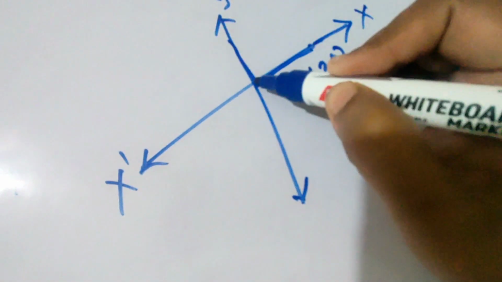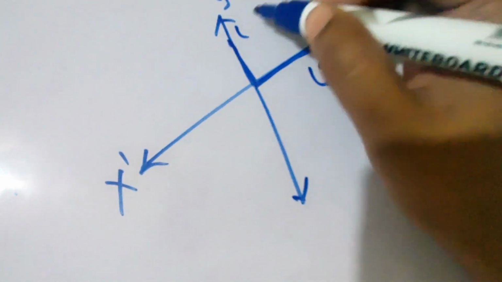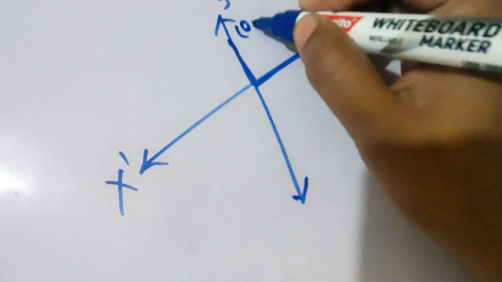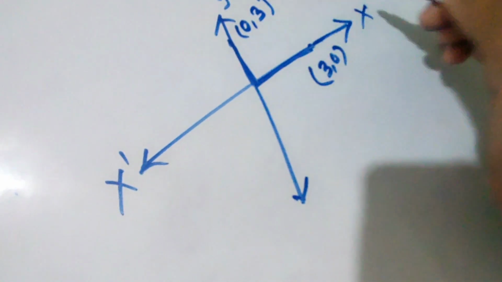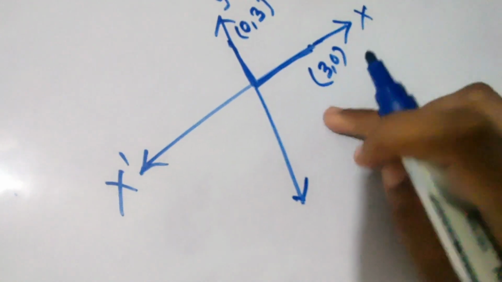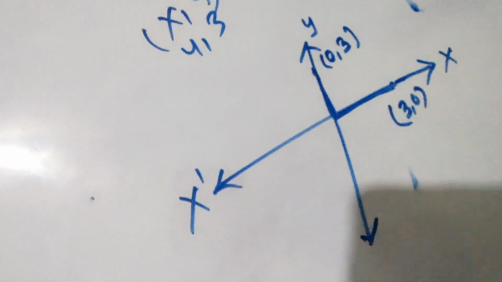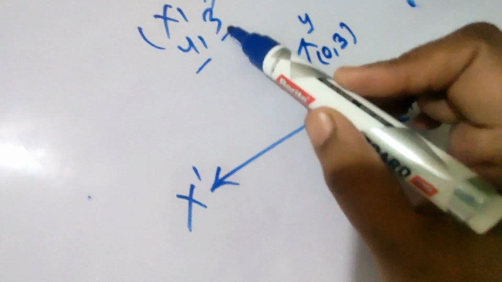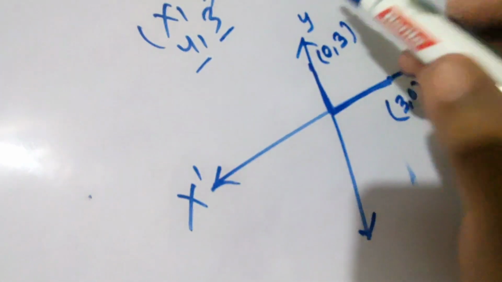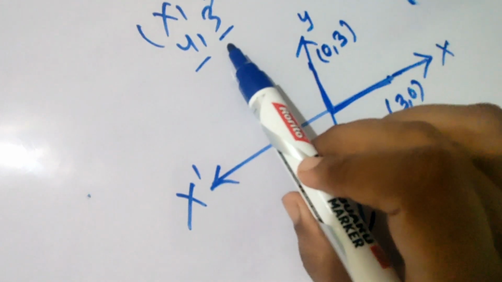If a point is given on the y axis, x is 0 and y is 3. If any point is given with x 4 and y 3, then the x coordinate is 4 and the y coordinate is 3.